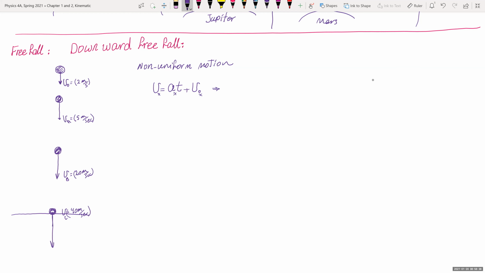And acceleration on x-axis. v is final velocity, v naught is initial velocity. So I can write this equation v equals, instead of a, just put g, t plus v naught. This is the first equation in downward free fall. The only thing you need is to put g instead of acceleration. How much is g? 9.8 meters per second squared.